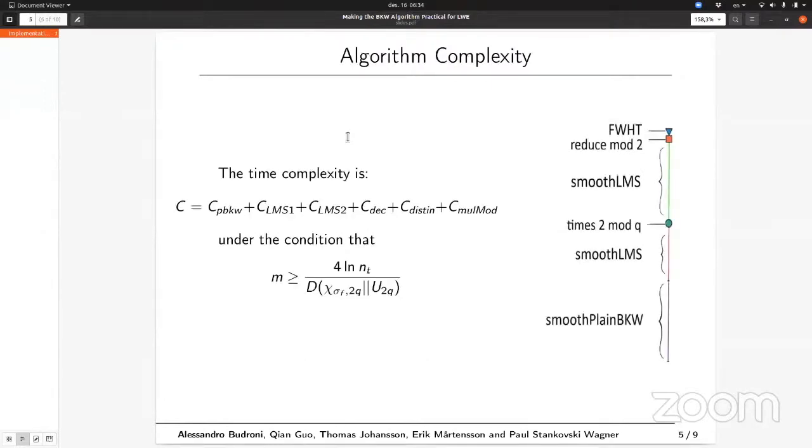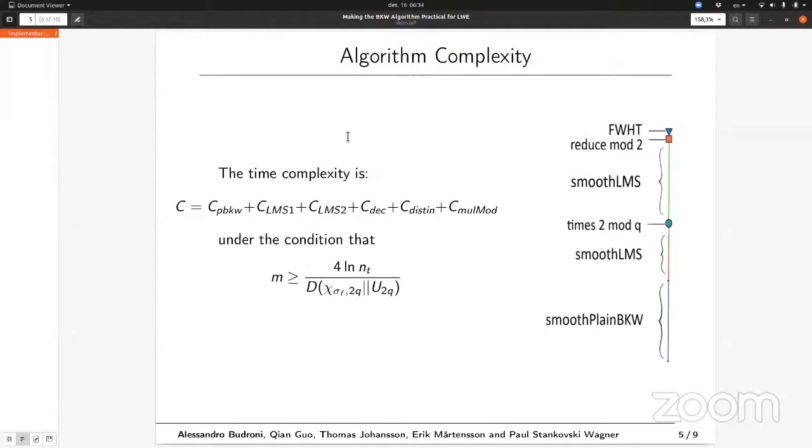We evaluated the complexity of our algorithm, and it can be seen as the sum of the complexity of the reduction step and the guessing part. And we found the condition on the number of samples for the algorithm to run.